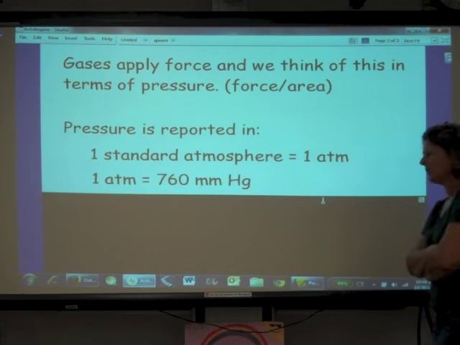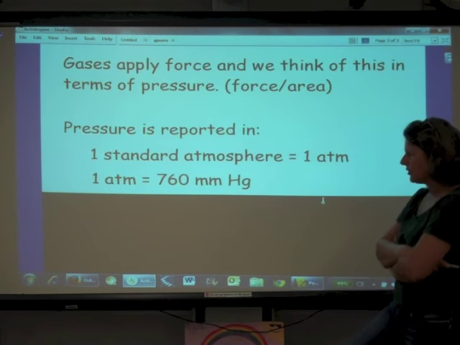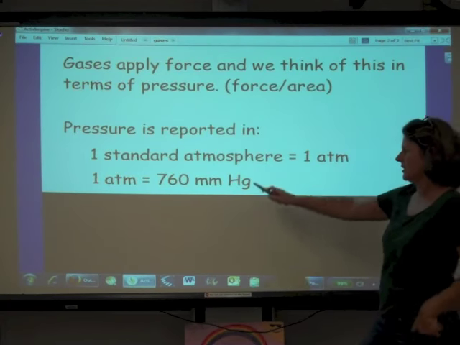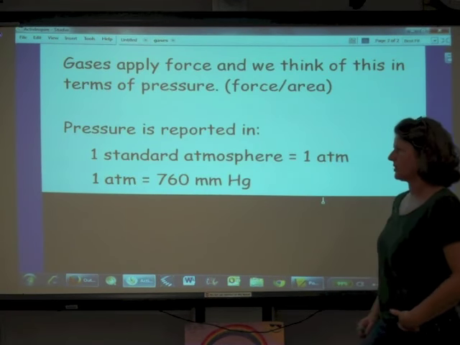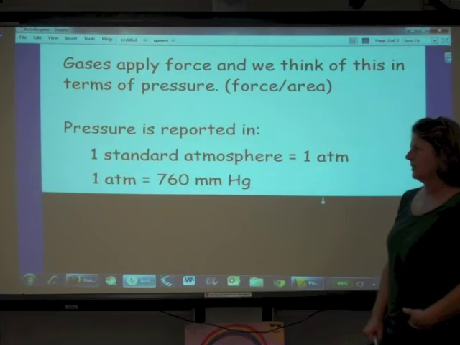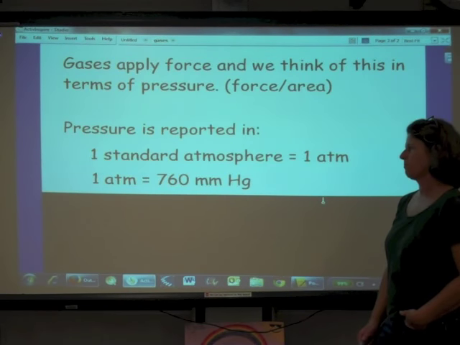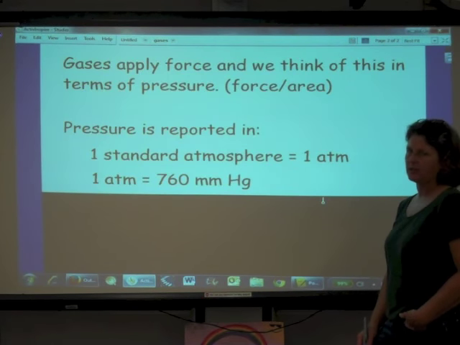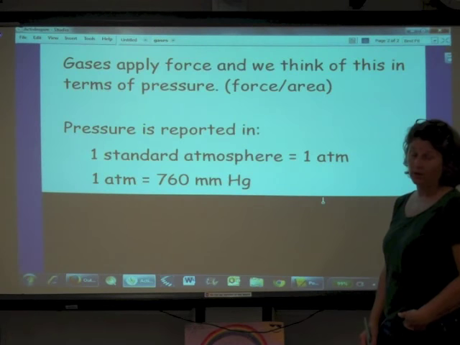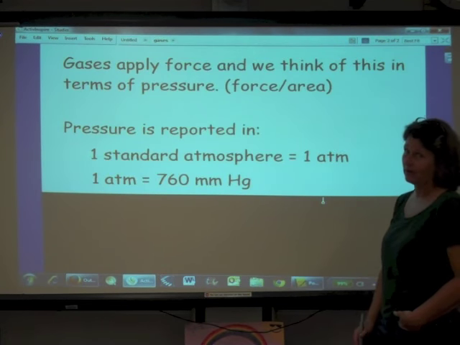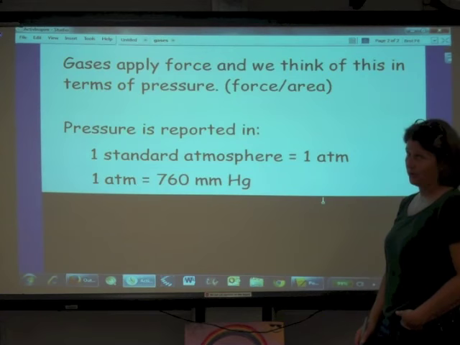And so if a column of mercury is 760 millimeters high, we say that this is 1 ATM of pressure. I'd show you a mercury barometer, but hazardous waste has removed it from our classroom, so we no longer can show the mercury barometer.